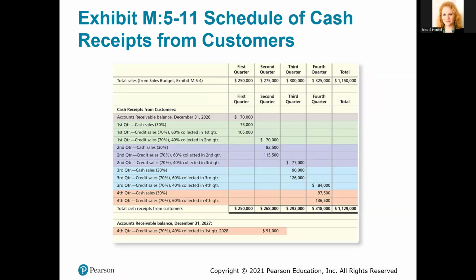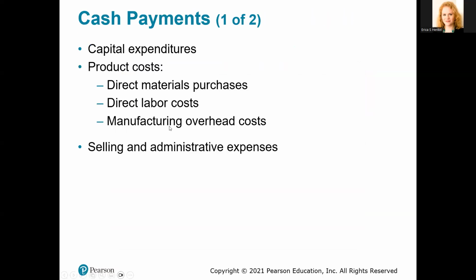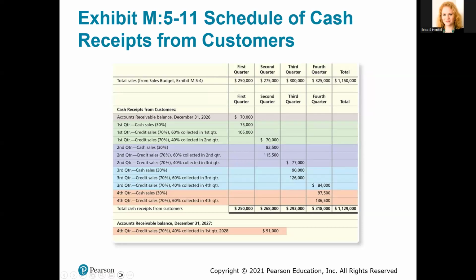And then they expect to collect 60% of their credit sales in first quarter. Now, 70% of their overall sales are the credit sales, right?